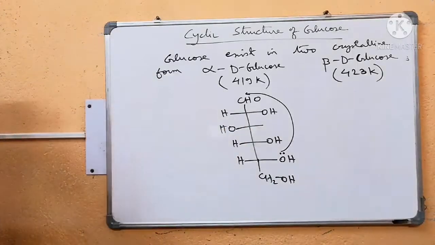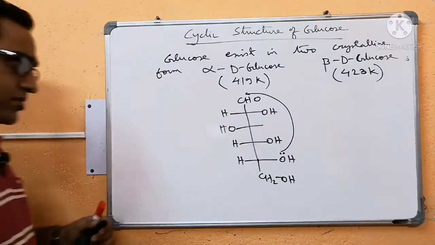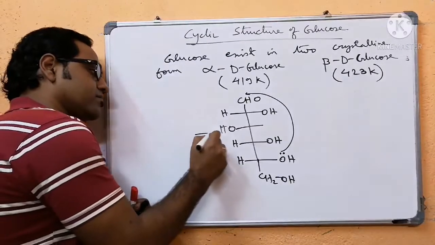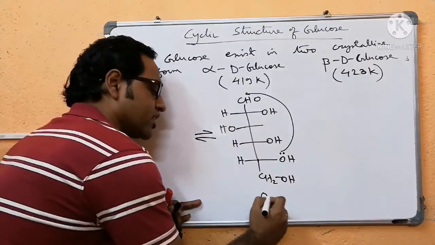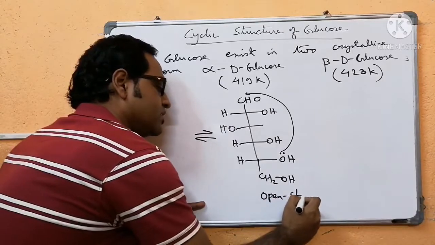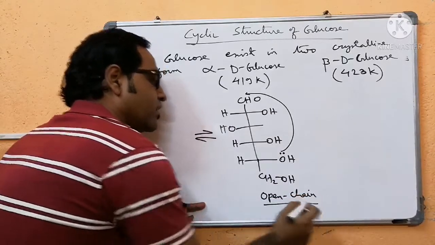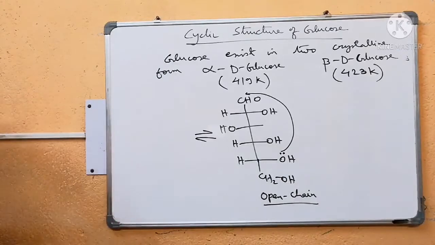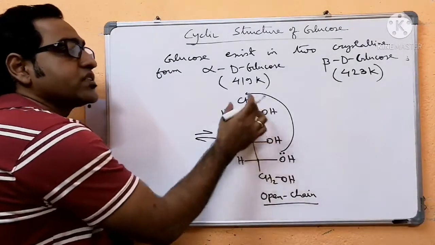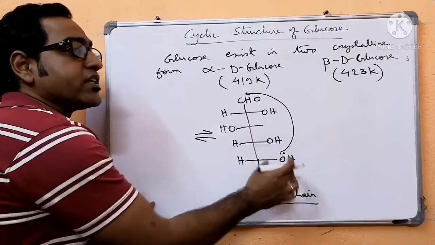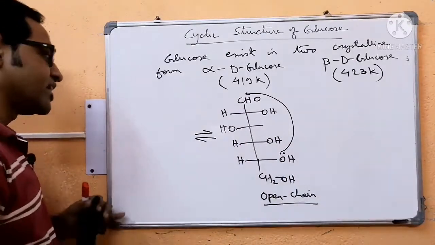So remember it like this. This is the open chain structure. Due to this attack from an OH group to the CHO group, it will form a cyclic structure, and this will give a hemiacetal linkage.